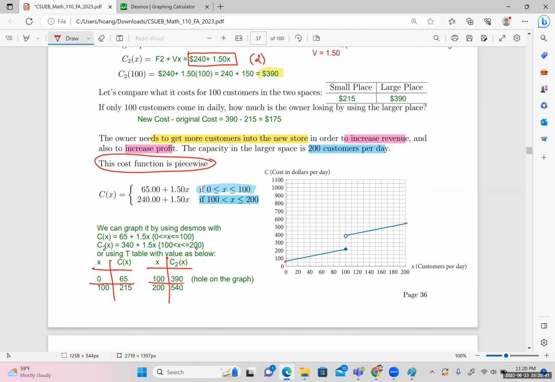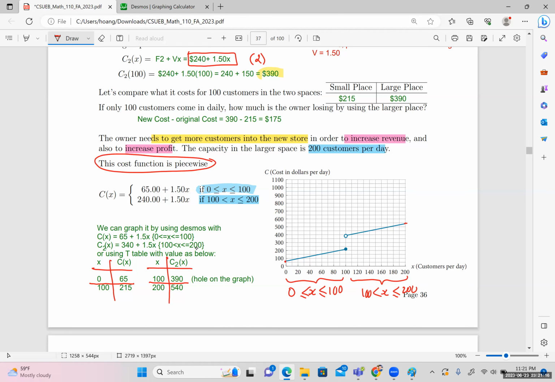Okay, so that's going to be it for this one. You see that this one will be for X between 0 and 100, and the second one will be for X between 100 and 200, but not including 100.